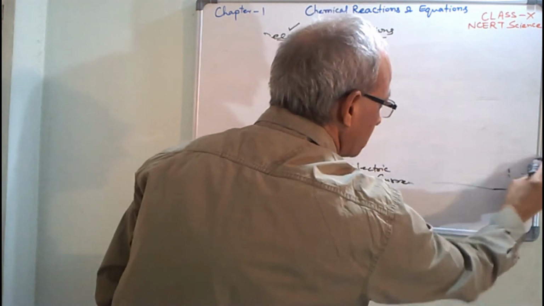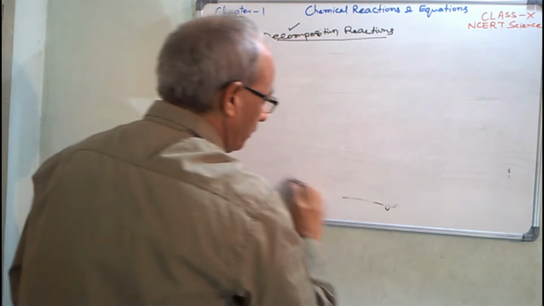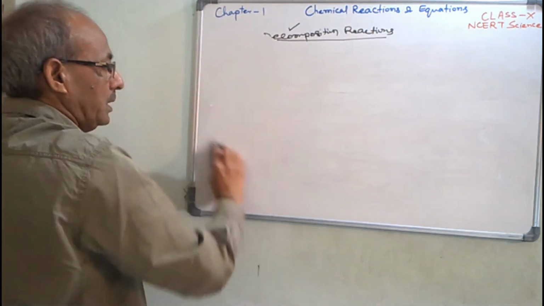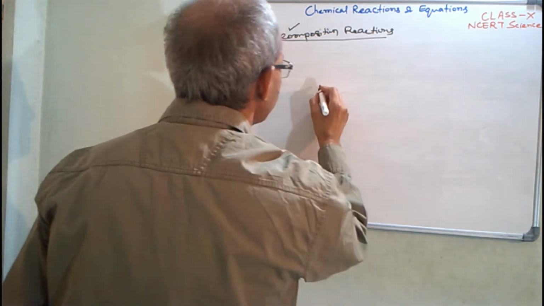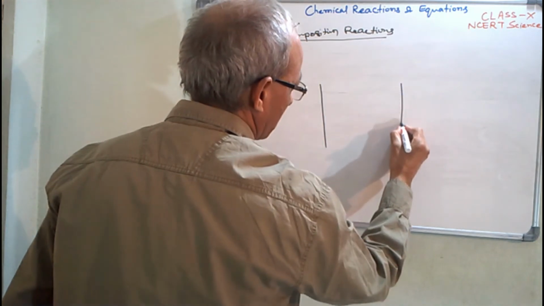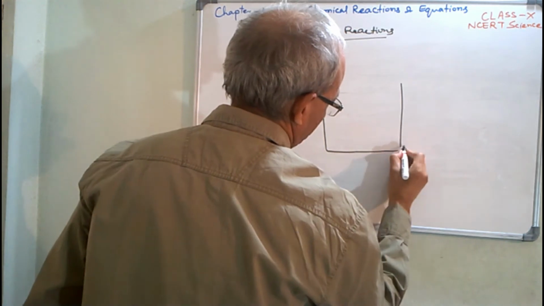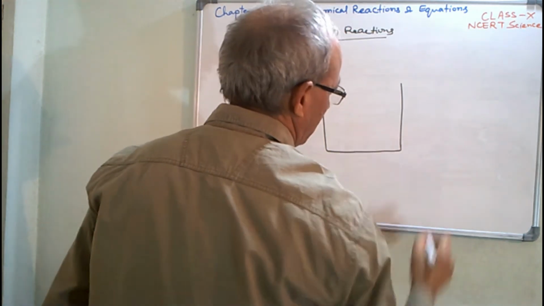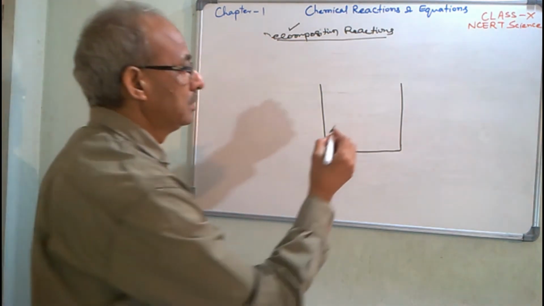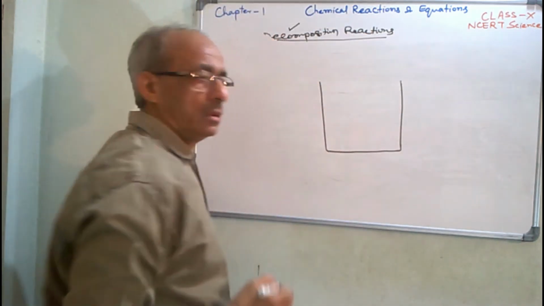In electrolysis, a system is arranged in which a glass jar is taken, and two electrodes are used. Those electrodes may be of carbon.